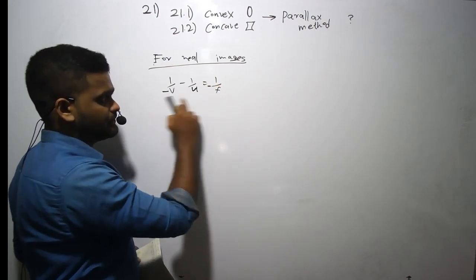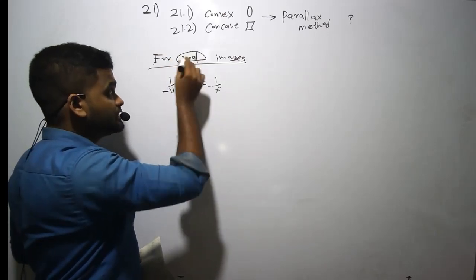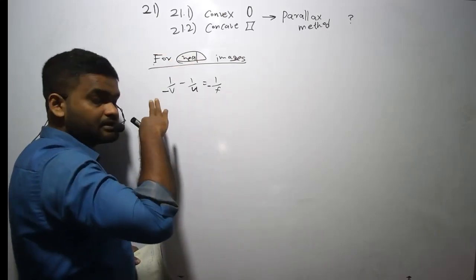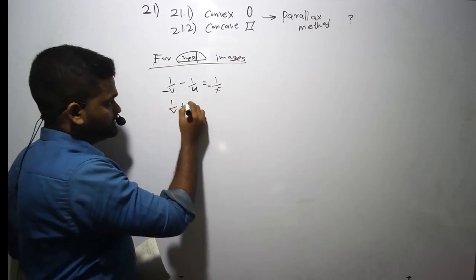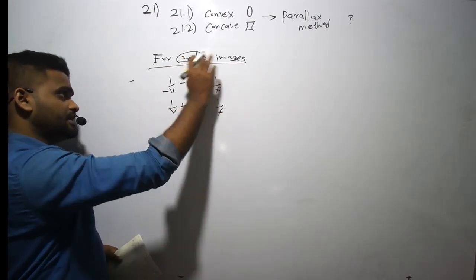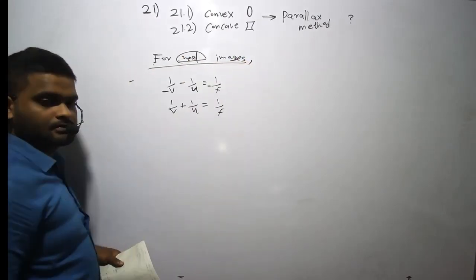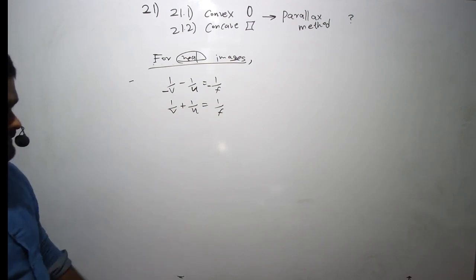So I just applied sign convention because I'm using real images only for this condition. So you have this equation. This is for real images, right?